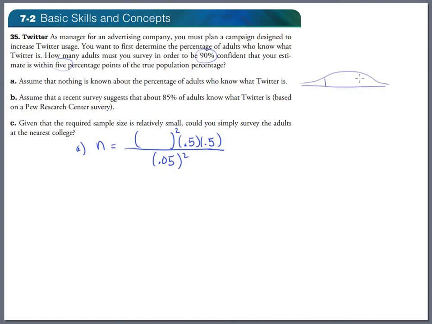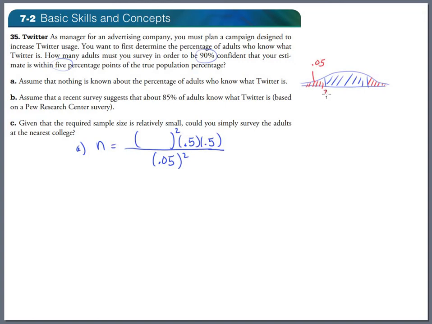So same picture. This time we're only covering 90% of the curve, so I'll shade theoretically a slightly smaller bit of the curve. My art skills aren't that good, but now we're covering 90% of the curve, which means we're leaving 10% out. So 10% is alpha, and then one of those two portions that are symmetric would be half of alpha, would be 5%.